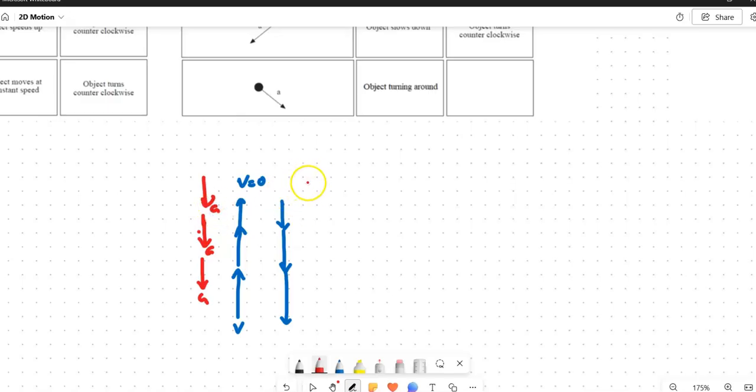So whether it's moving up and slowing down, or moving down and speeding up, at that instant it comes to a stop, acceleration is working on it, but the velocity for that instant is 0. This is called a turnaround.